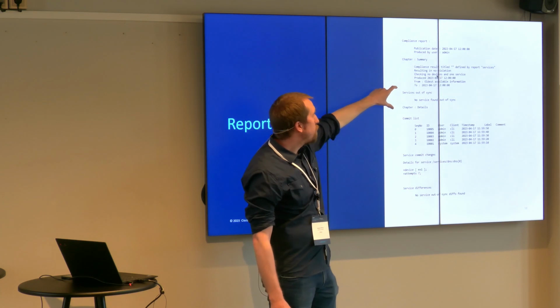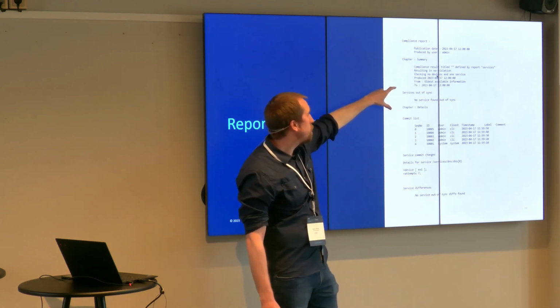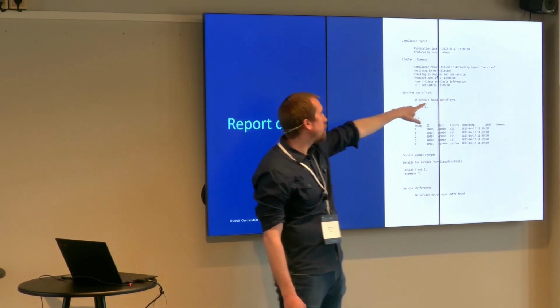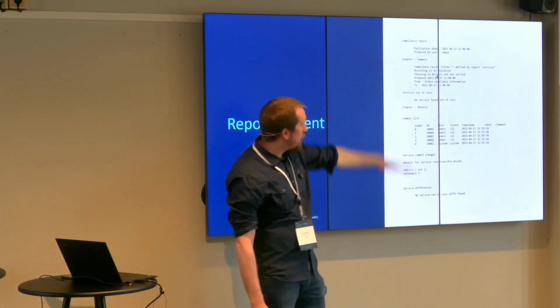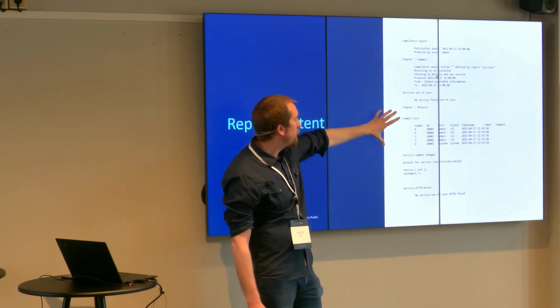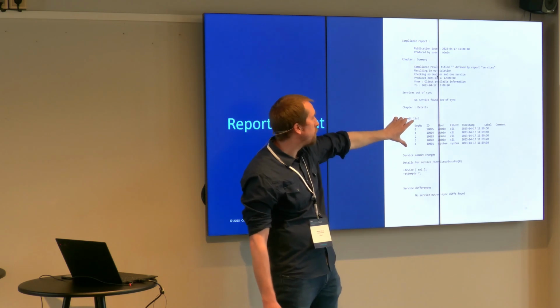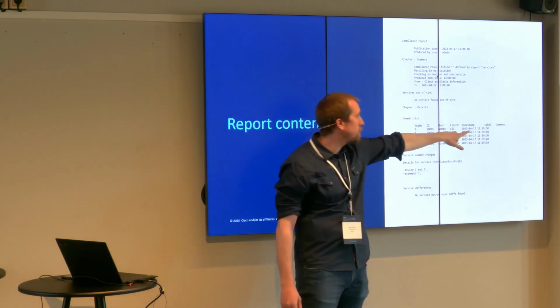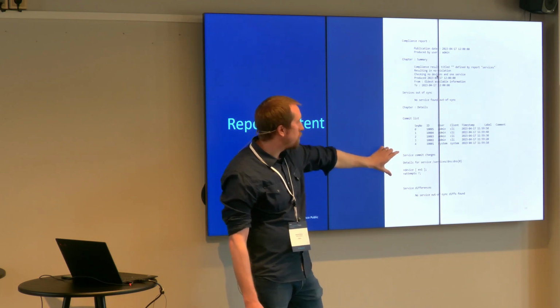Then you will have some information about the service checks that we run. So here we check the current out of sync status for the services, and there were no services that were found out of sync. Then we have the details section where we have the historical changes, where you can see that we have checked a number of rollback files, and you have all the information related to those rollback files. And then we have the historical changes for the services and devices in this report.